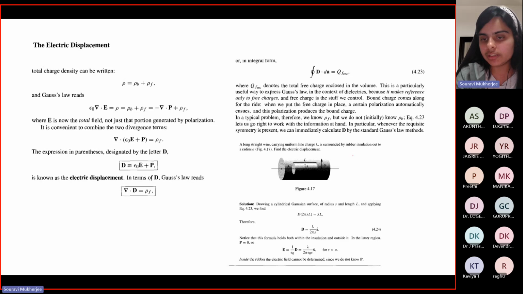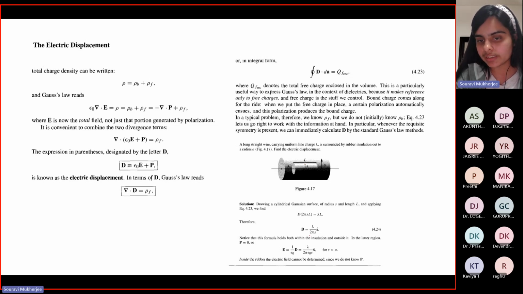Now in assignments, these are the same concepts, but there can be numerical values. In the last assignment, I saw that some lambda was given as 8 microcoulomb per meter or something, and then you are asked to find the field at a distance of 5 centimeters or 3 centimeters or 5 meters.